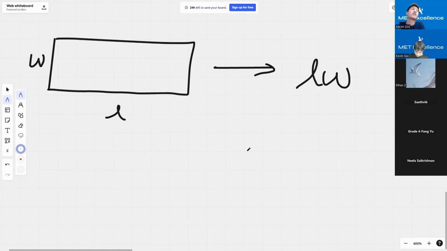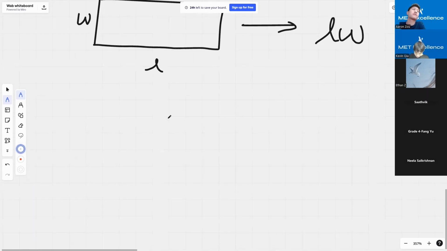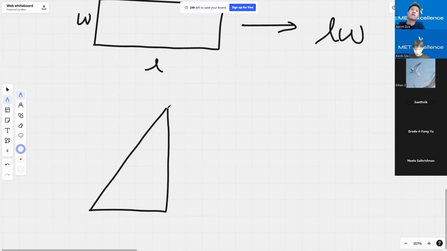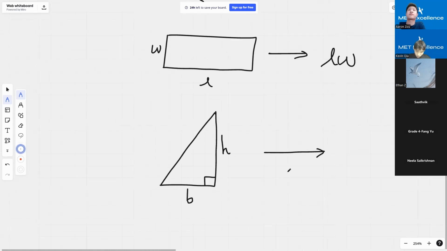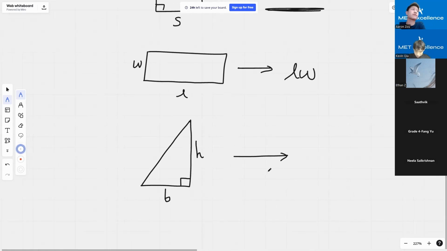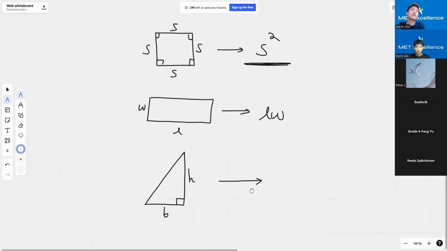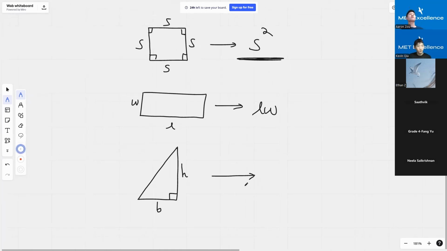And now maybe let's move on to a harder one. What about a triangle? And let's say that this triangle is 90 degrees, a right triangle. It has a base of B and a height of H. So what is the area of a triangle? So this one is a lot harder.